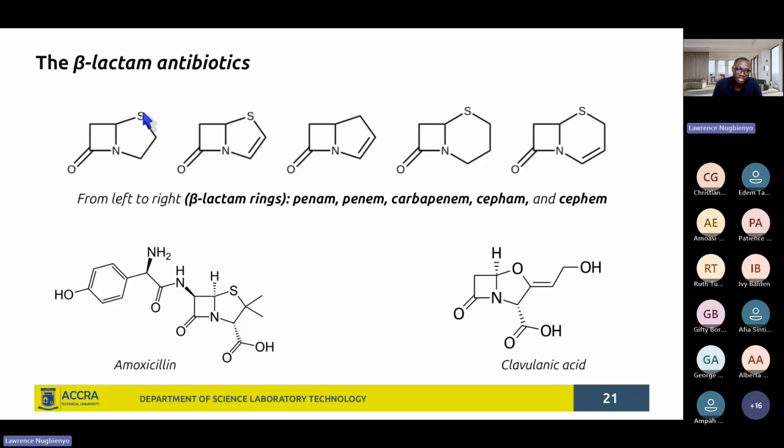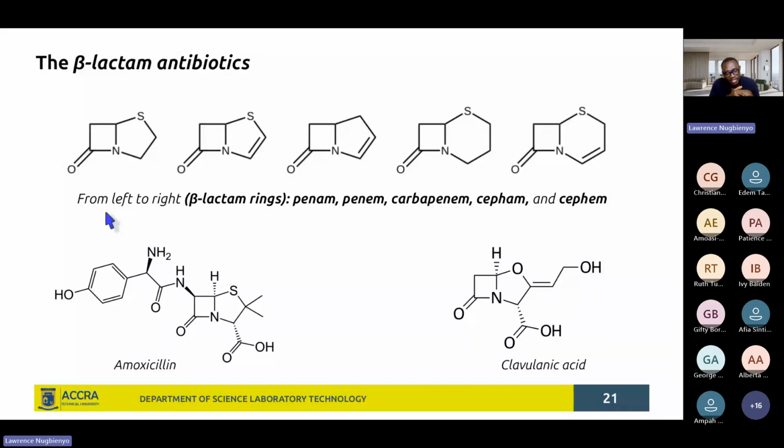The ring that you see in penicillin, you have a 4-sided ring fused to the 5-sided ring like that. Or even here you have a 6-sided ring. That's what is referred to as the beta-lactam ring. You find it in this class of antibiotics, just like penicillin, referred to as the beta-lactam antibiotics.